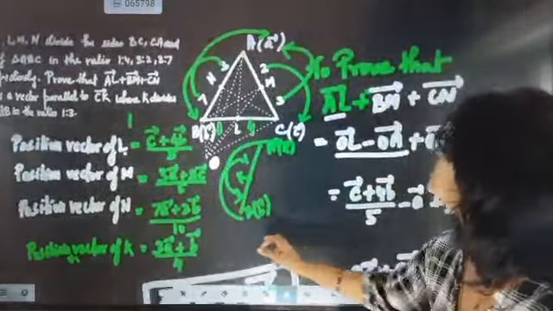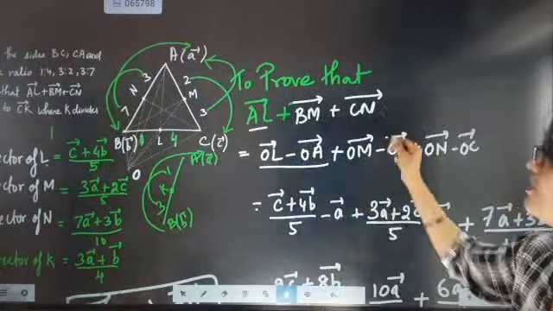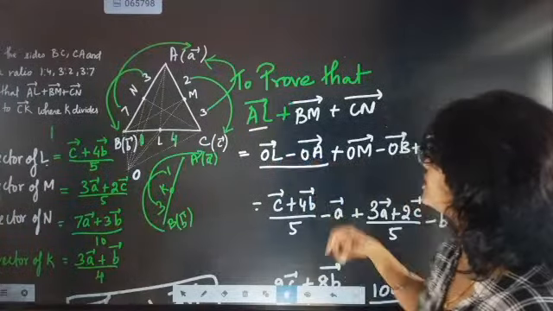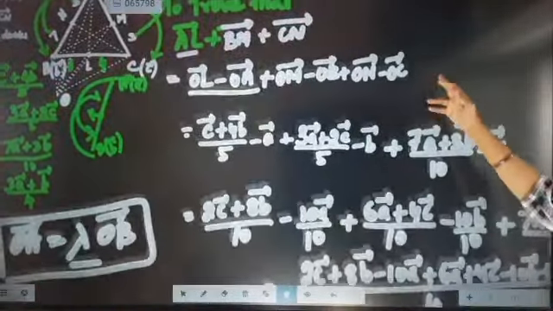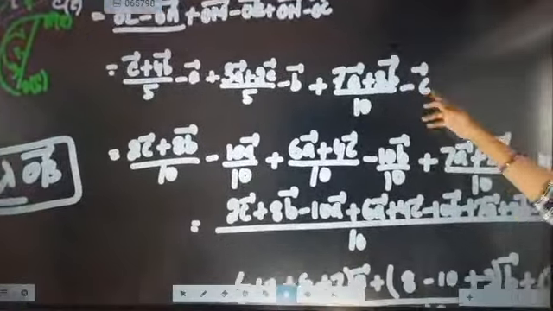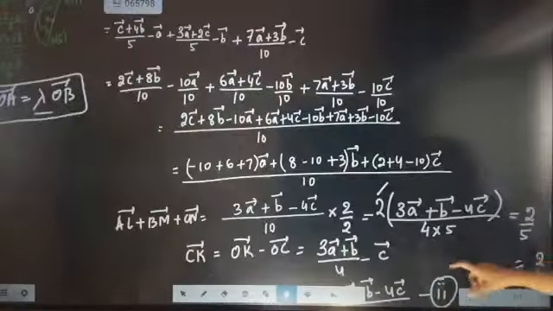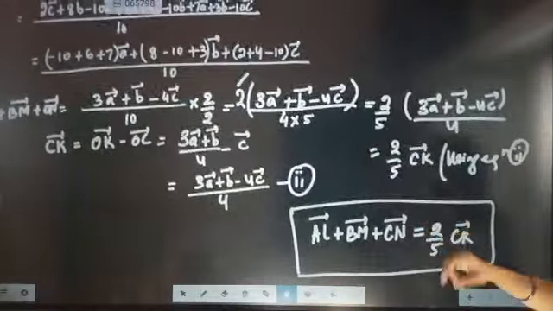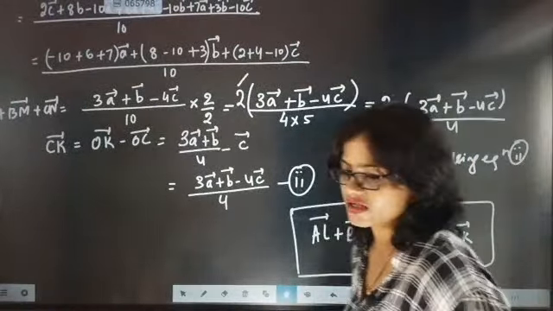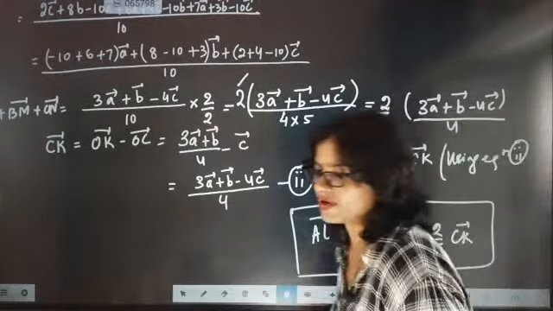After getting the position vectors, I wrote AL plus BM plus CN vector as OL minus OA, OM minus OB, ON minus OC, and then I multiplied it with 10. After that, it comes as AL vector plus BM vector plus CN vector equal to 2 by 5 CK vector. I hope you understood this point.